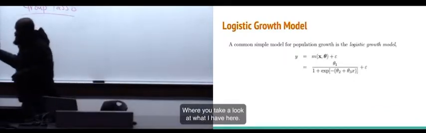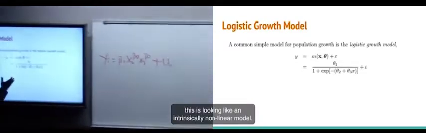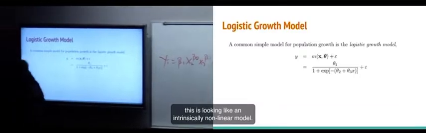Now, I'm going to show you another form of nonlinear regression model, the logistic growth model. Okay? Of course, this can actually be used to project the population of a particular country. And when you take a look at what I have here, this looks like an intrinsically nonlinear model.